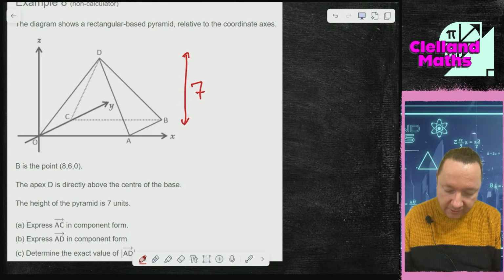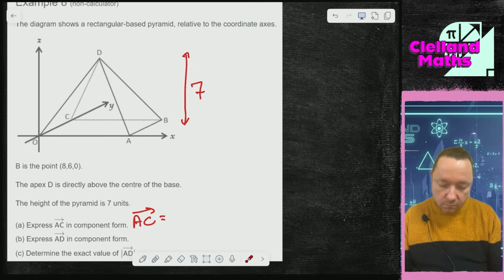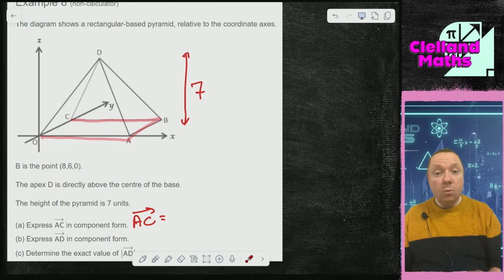We've to find A to C in component form. So we're starting at A, which is out here. And we want to go to C, which is over there. So to get there, I'm going to have to go from 0 along to A, down to B, and along to C. That's one way you could do it.